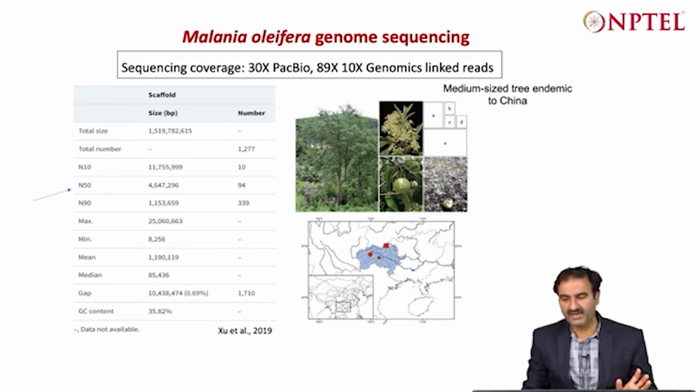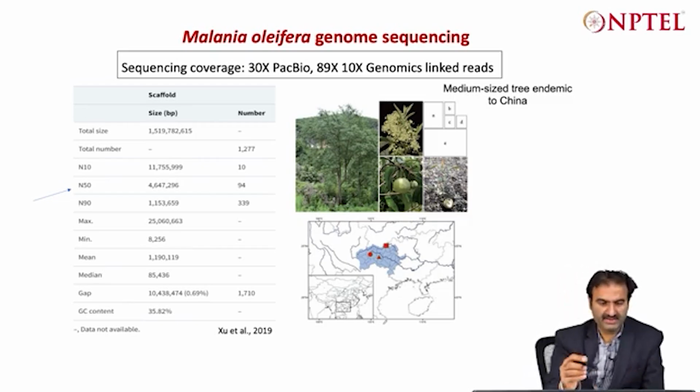In case of this medium size Chinese tree, Melaleuca oleifera, you can see that the total size of the genome was something like 1.5 GB, and they could find 4 MB as the N50, which was represented in 94 pieces.